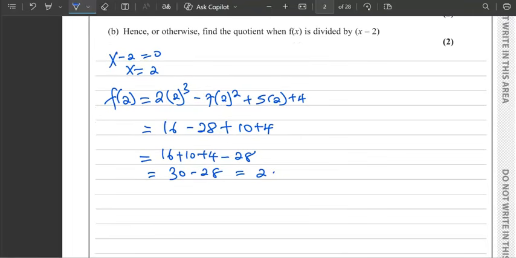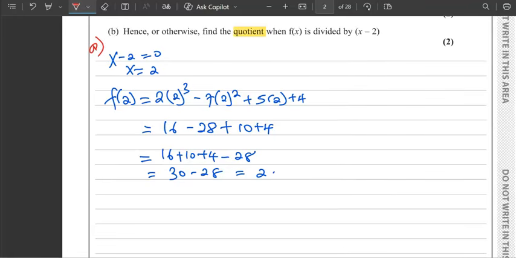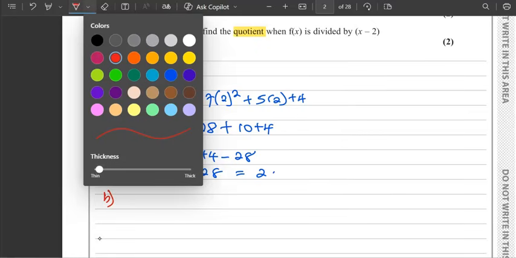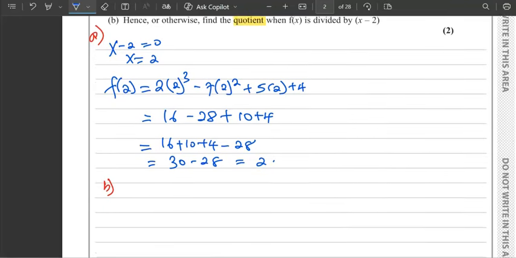Part B, we are told that hence or otherwise find the quotient when f of x is divided by x minus 2. Let me just indicate that this one is part A. For part B, we are required to find the quotient, so we'll use the concept of long division.